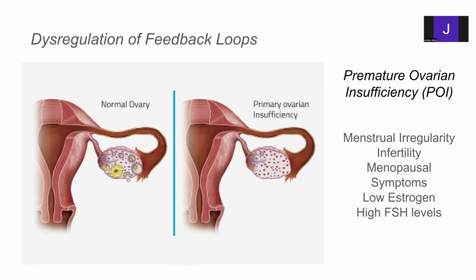However, in POI, the ovaries no longer respond to these hormones, even when FSH and LH are elevated. As a result, negative feedback is disrupted. The hypothalamus and pituitary continue to release high levels of FSH and LH in an attempt to stimulate the ovaries, but the ovaries are unresponsive, leading to a decrease in estrogen levels. Consequences include menstrual irregularity, infertility due to anovulation, and menopausal symptoms.